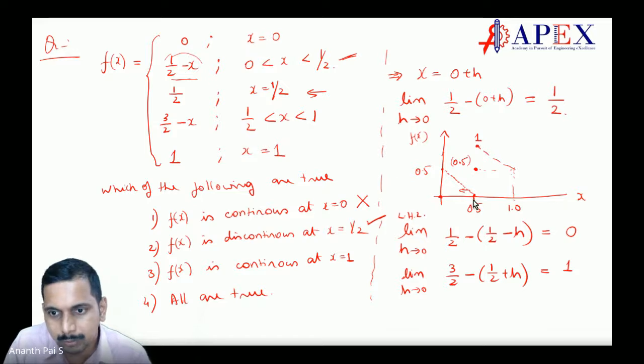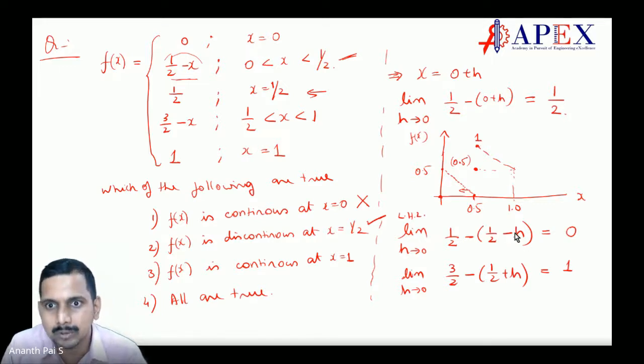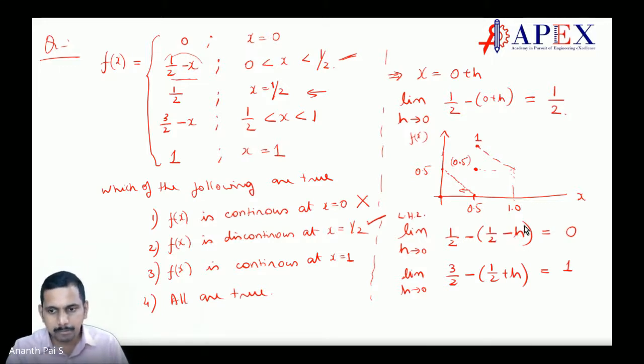But we don't have to land on 0.5, because the moment we land at 0.5, the f of x value will be 0.5, the moment x is equal to 0.5. But we have to approach it as a limit. So when we go to the value of x as half, minus a small value, half minus a small value, how small? h tends to 0 as a limit. Makes sense? So here it is half minus h.